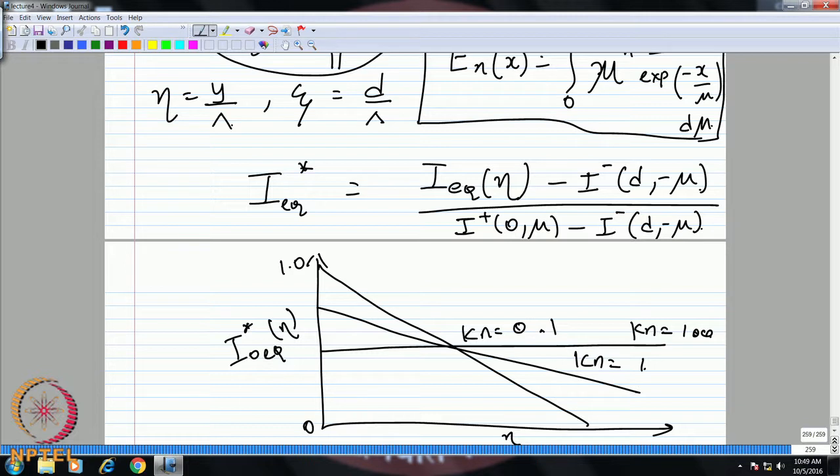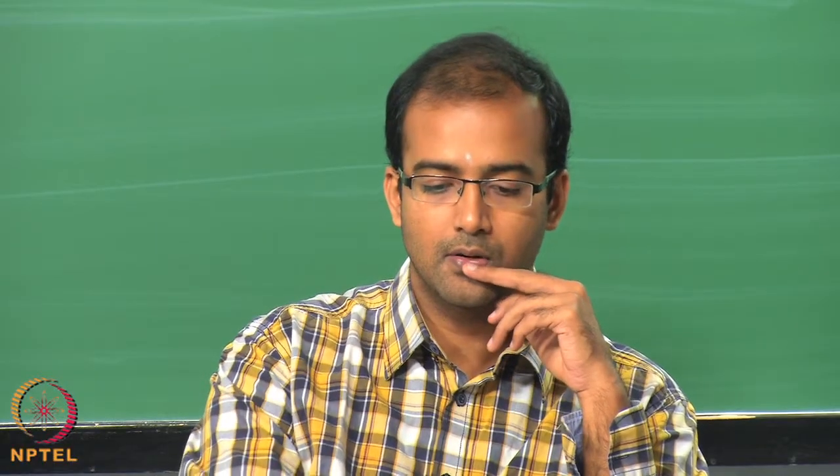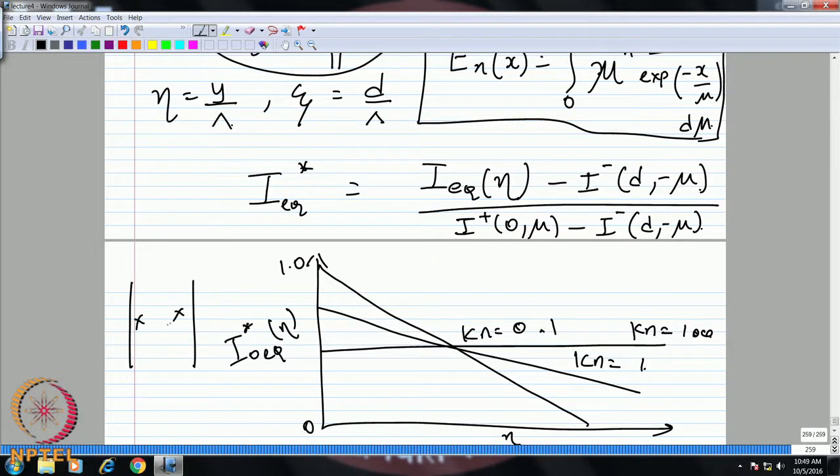So, what does this indicate? There is no scattering between phonons. For very large Knudsen numbers approaching infinity, this is called ballistic transport.